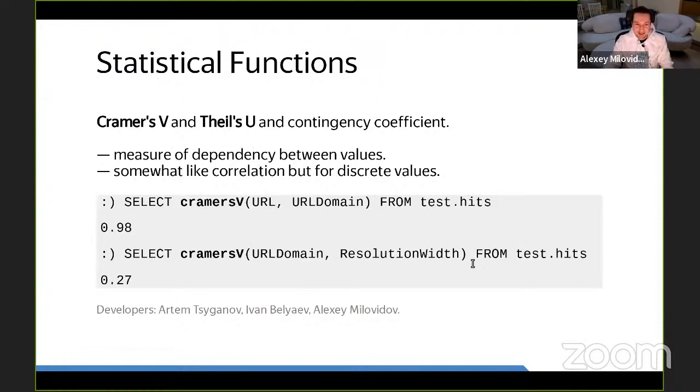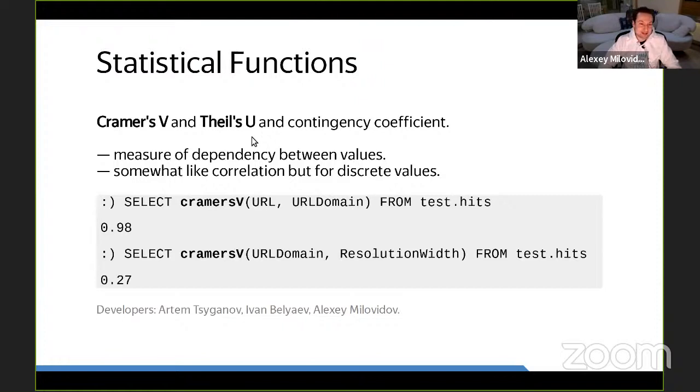About aggregate functions. Now we have several new statistical functions about Cramér's V value and Theil's U value. Probably you don't know what it is. I already forgot what it is, but doesn't it sound very clever?